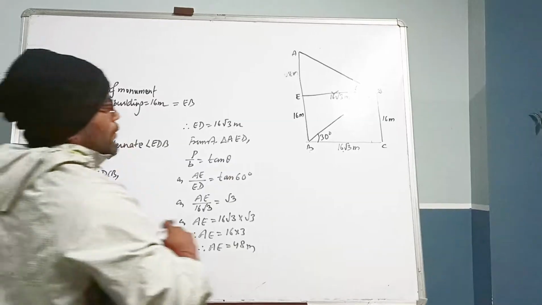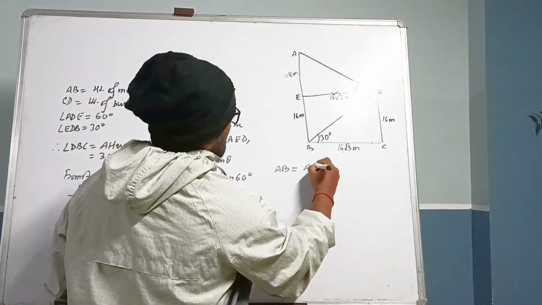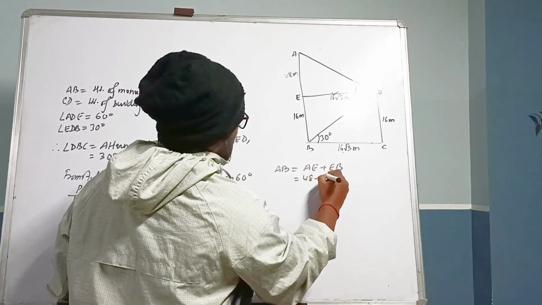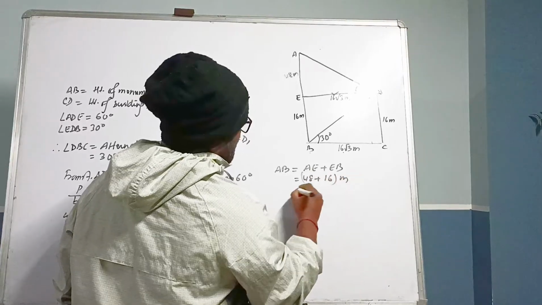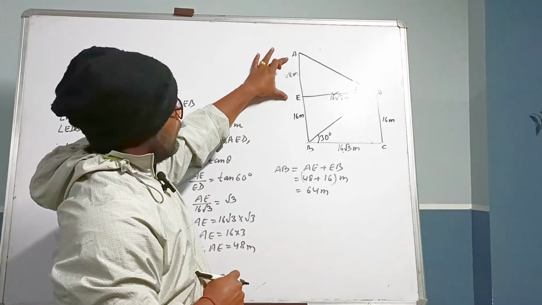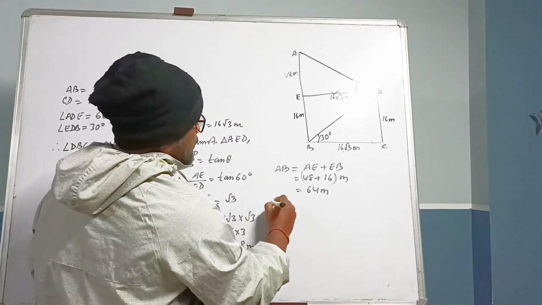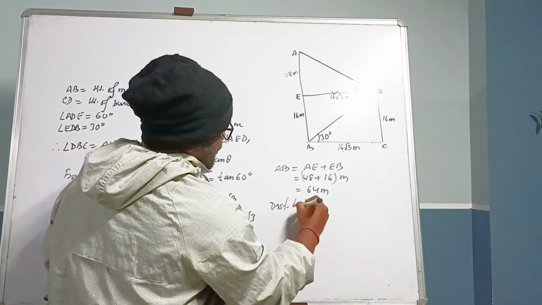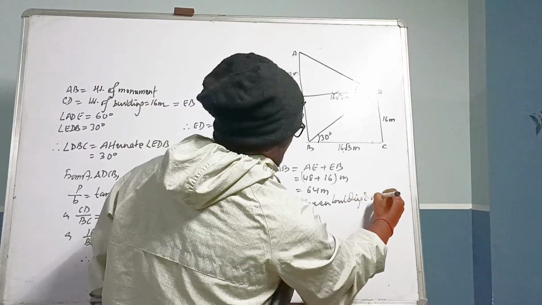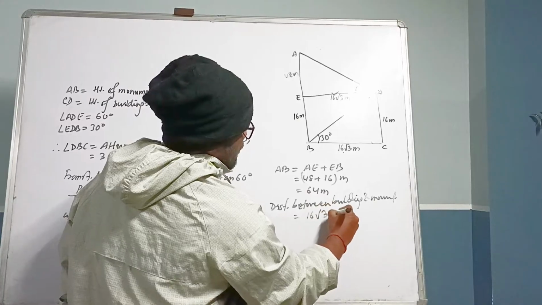Okay, so we have got the value of AE as 48 meter. Clear? Now, we have to find the value of AB, which is the height of the monument. AB equals AE plus EB, 48 plus 16. You got the value as 64 meter. The next, the distance between building and monument is 16 root 3 meter.